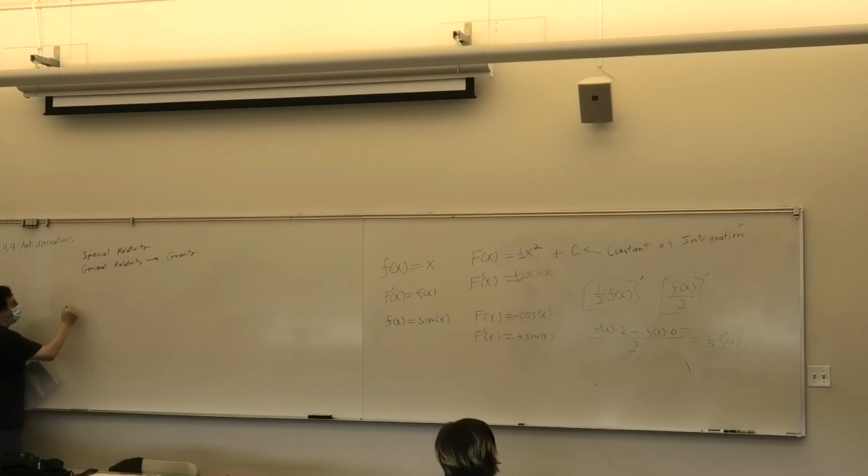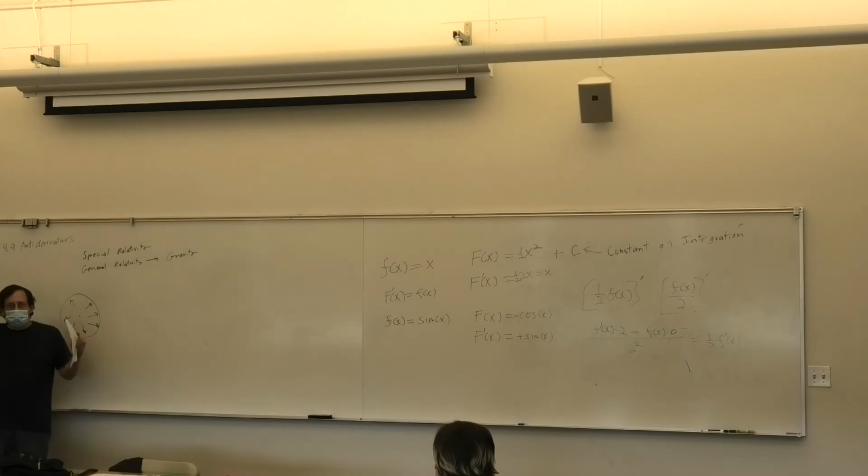Now, you may have heard that the universe is expanding. We look out and we see distant galaxies and they're moving away from us. And the further they are, the faster they're moving away.